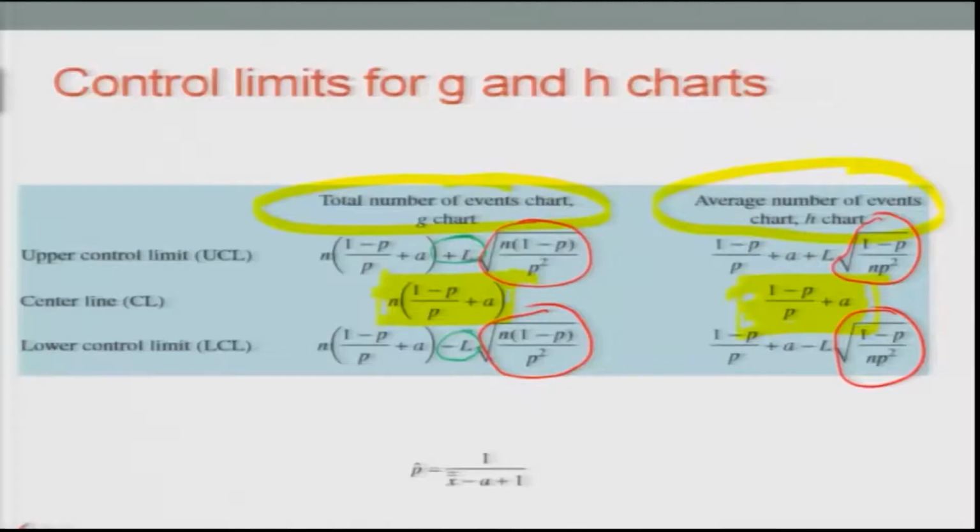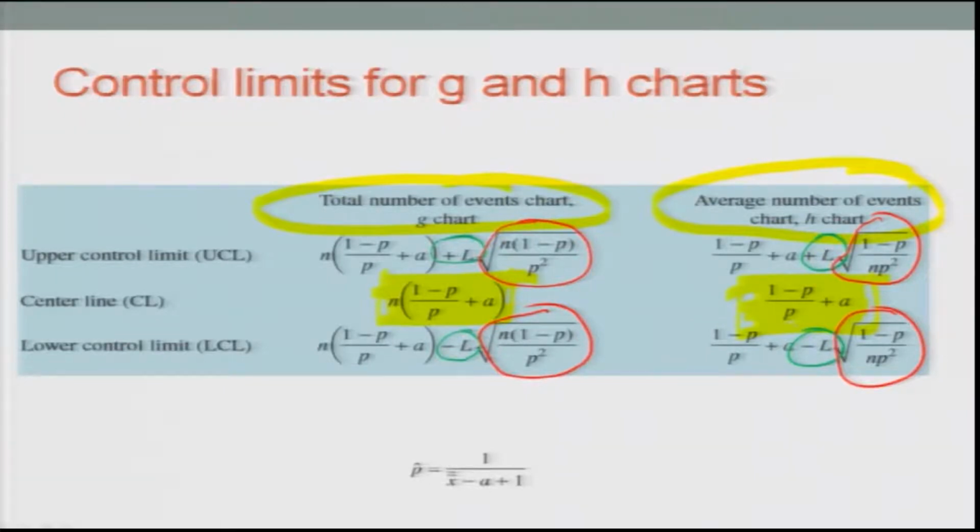And continuing our discussion, you also state the plus value and the minus value exactly as mentioned. So, they are plus L minus L, again depending on the level of confidence. This p hat would basically be given by the ratio of 1 by x double bar. X double bar is the actual average of the average minus a value.